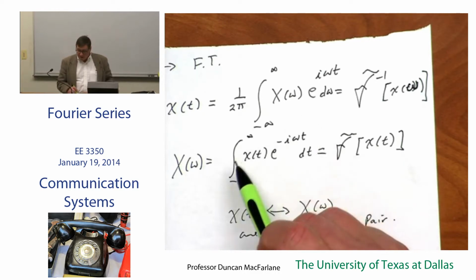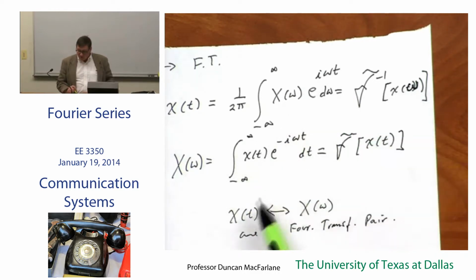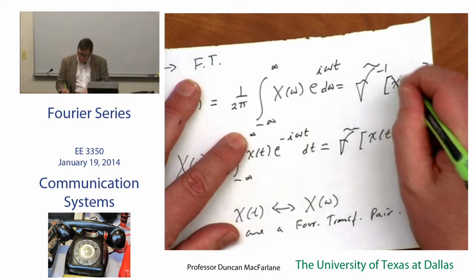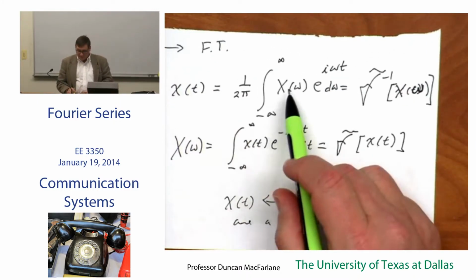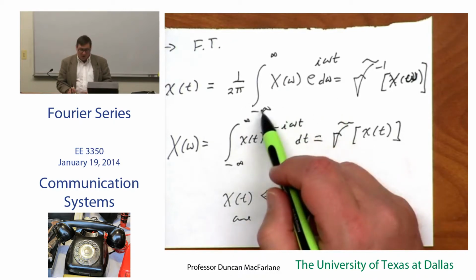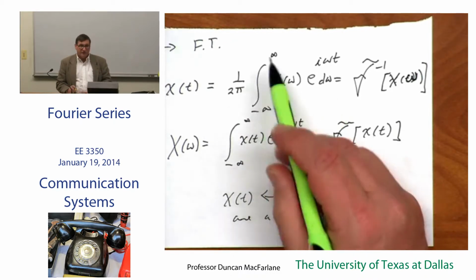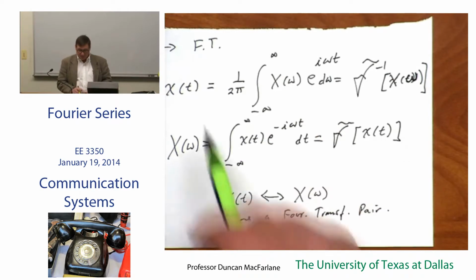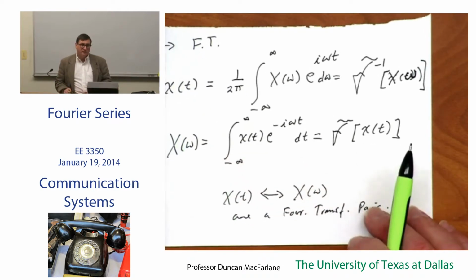On the other side, to come back, the inverse transform of X of omega, I multiply by e to the j omega t. I integrate across d omega for all frequencies from minus infinity to infinity, and I'm left with x of t.